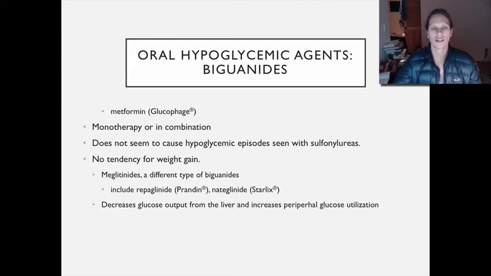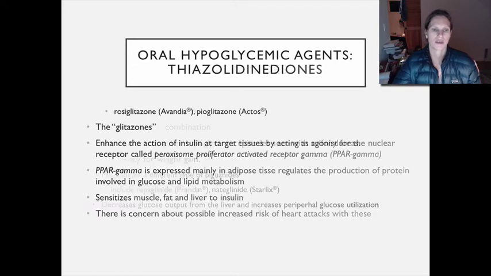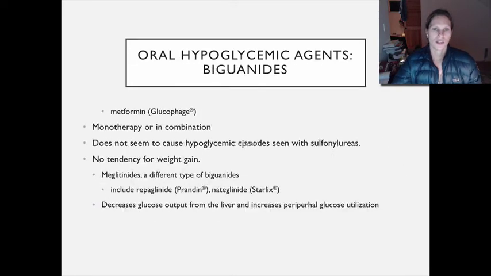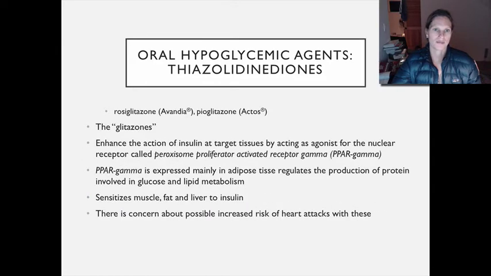So a little bit of a different kind of mechanism here. Biguanides in general increase the receptor sensitivity, and they also increase the muscles' sensitivity to insulin. Okay, so that's the one you want to remember. Biguanides, those are used a lot, metformin.